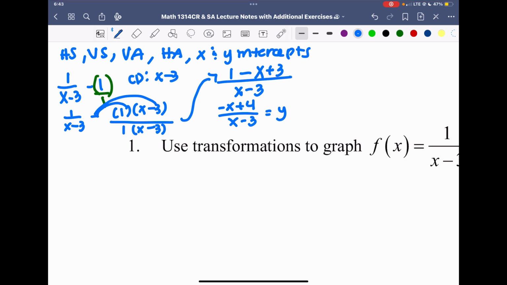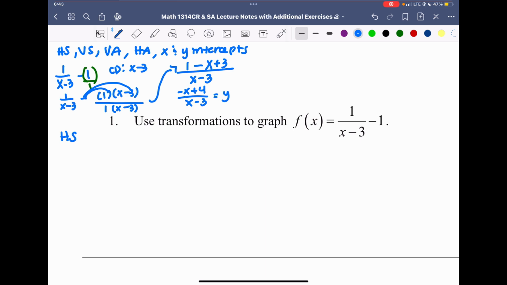So now we're ready to talk about the transformations. The transformations that you have here are going to be based on the cases, the denominator, a vertical asymptote, the horizontal asymptote, the x-intercepts, all that. So in this case, let's talk about horizontal shift. So that was a horizontal shift 3 units to the right.